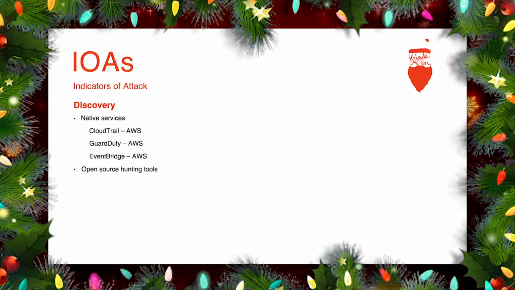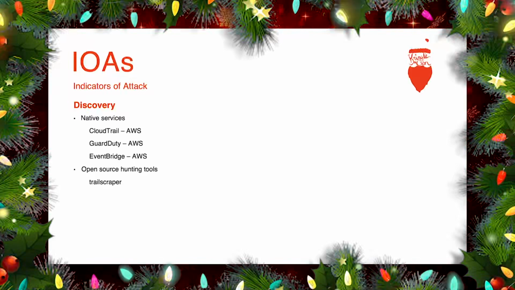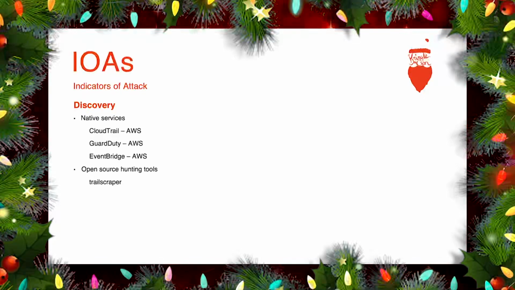And then there are other open source hunting tools like Trail Scraper. I have some links to that at the end. But there are not many third-party tools or open source tools that really monitor and take care of this stuff, even though they're just as important or maybe possibly more important than IOMs. But it's hard to say because they tie together so much.